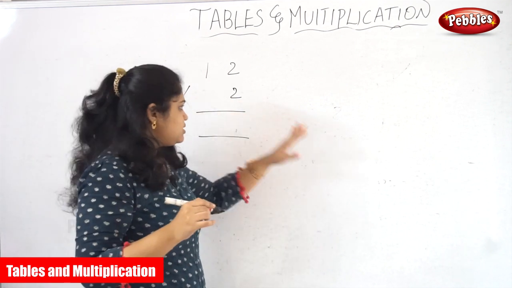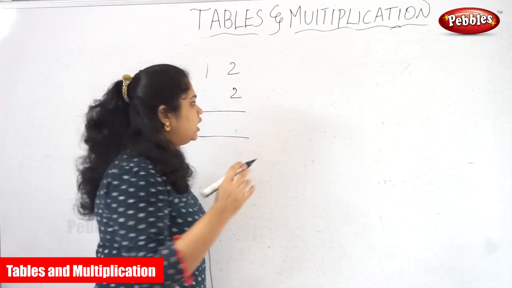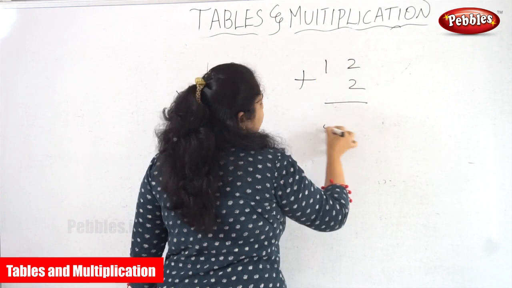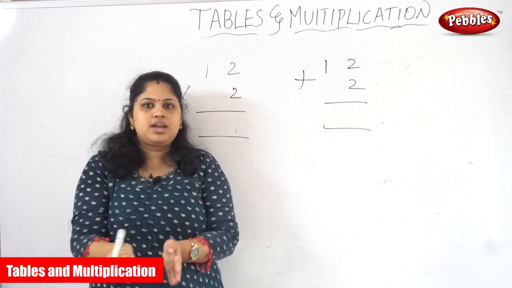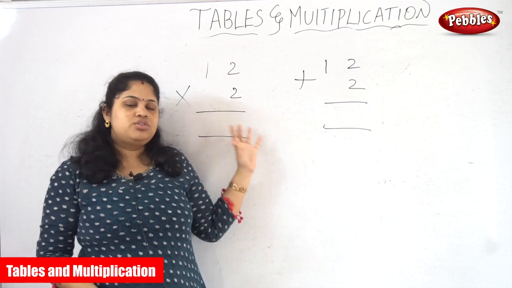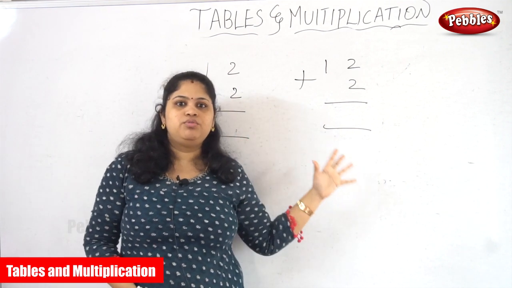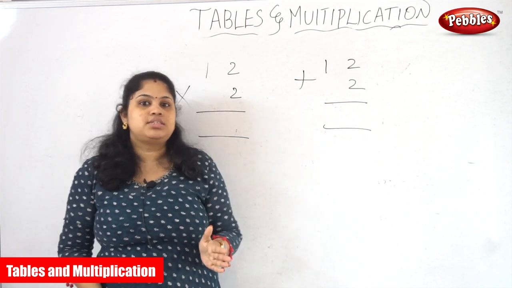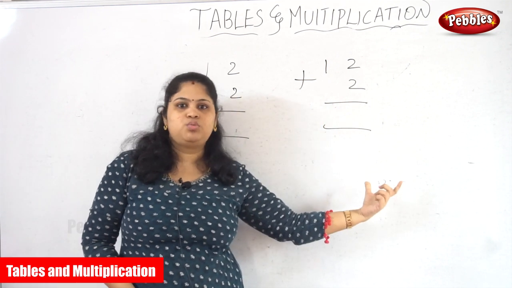In this, why am I comparing with addition every time? It is to help recollect. Children can easily recollect, and it is for very young kids studying first standard, second standard. The kids should differentiate between addition and multiplication, so they can easily understand that multiplication works in this process and addition works in that process.